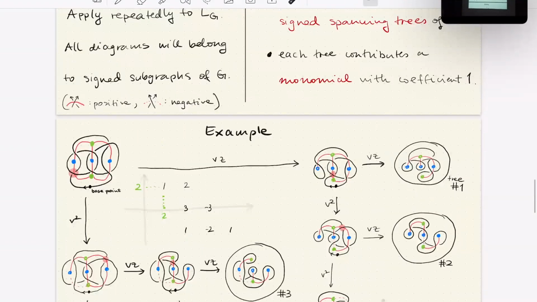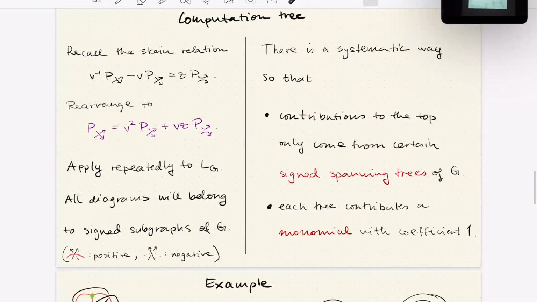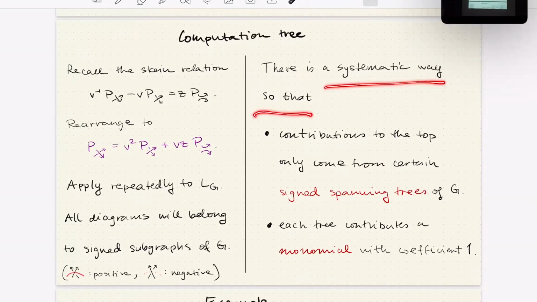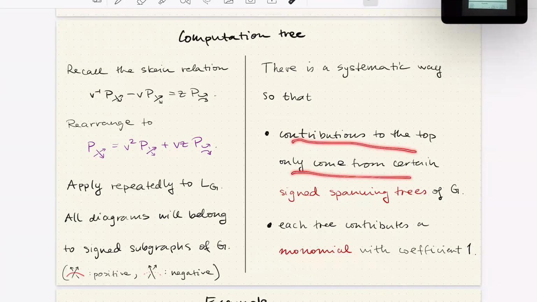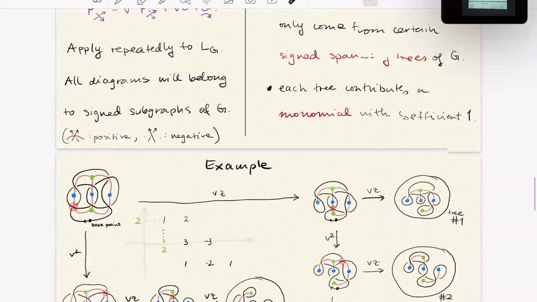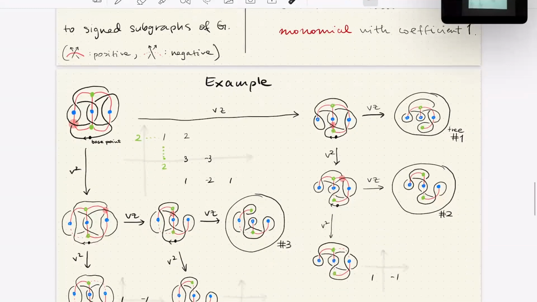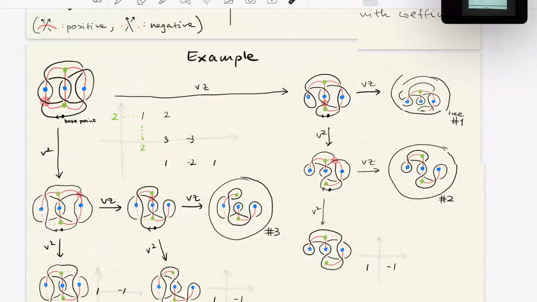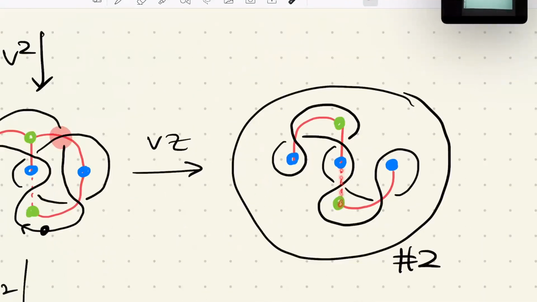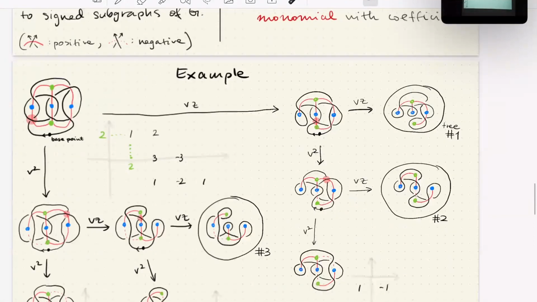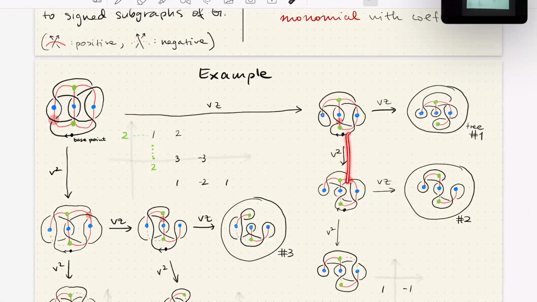Let me see what I had in my notes that I skipped so far. There is a systematic way to carry out this computation, not just in this example, but in any example, so that the contributions to the top only come from certain spanning trees. In fact, they are signed spanning trees because they pick up decoration along the way. For example, this tree, if I zoom in, has its edge here decorated. It's a negative edge. Simply because we came to that tree like so, and this step was a crossing change step.